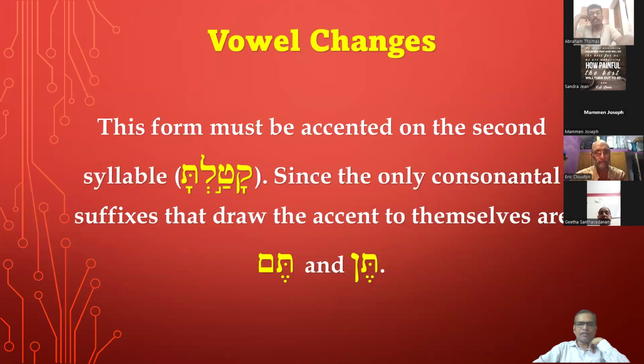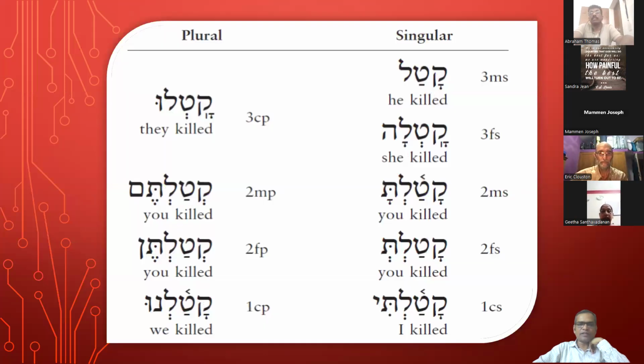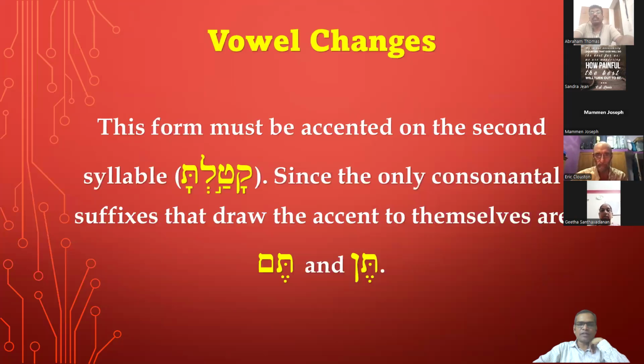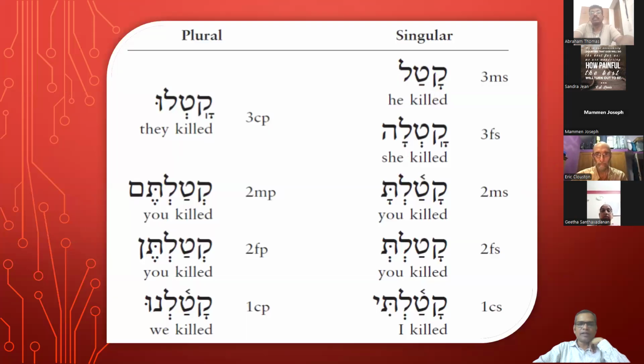But in tem and ten, if you see, there is a difference. They have a different form altogether. Why? If you see second masculine plural and second feminine plural, the initial Qamets is reduced to a simple vocal Sheva.